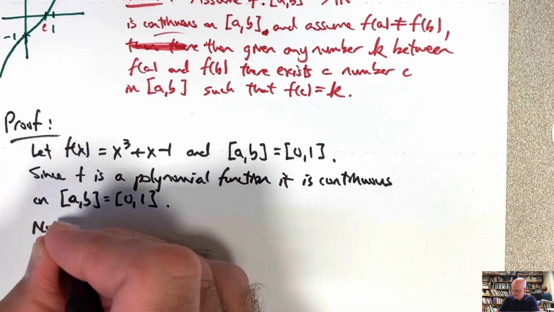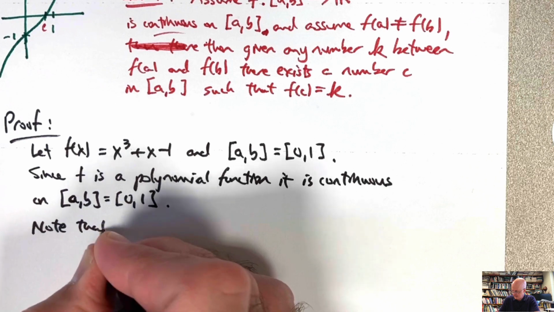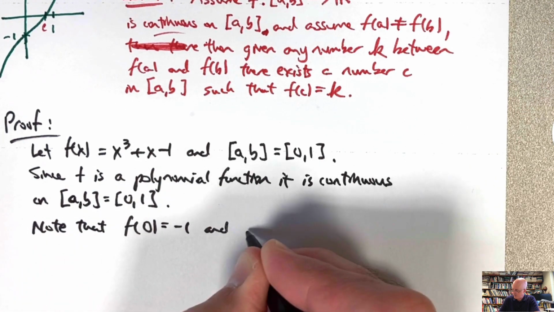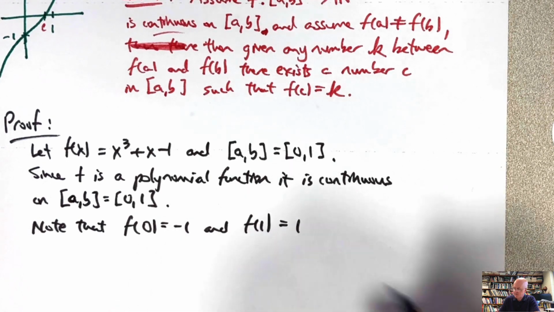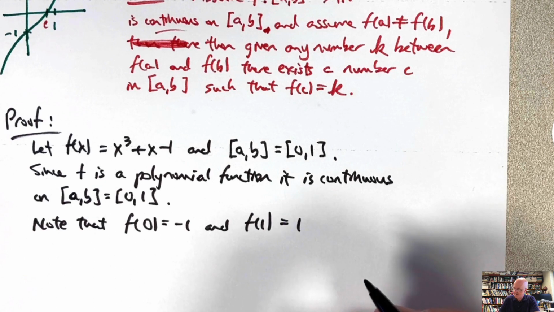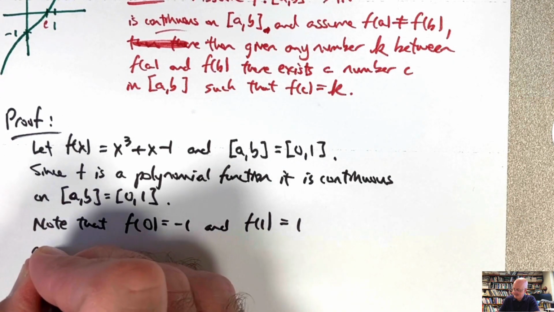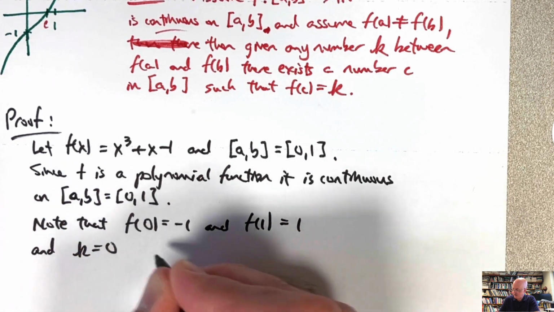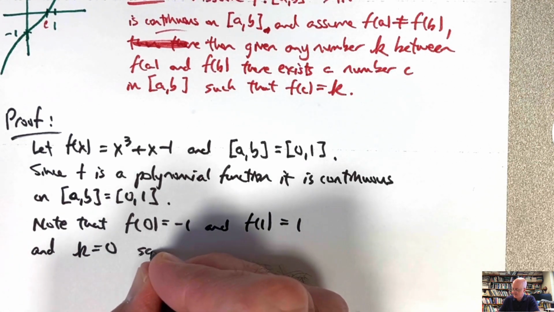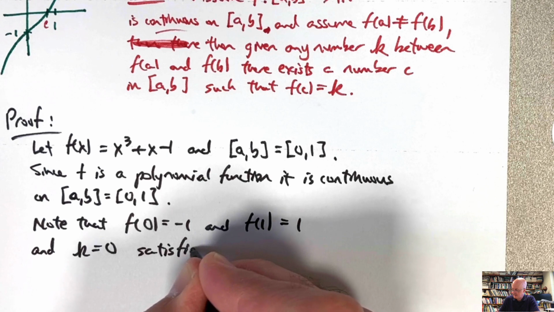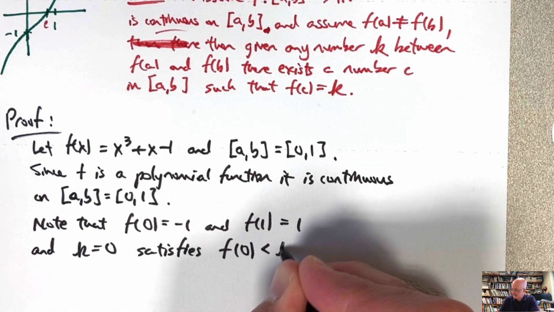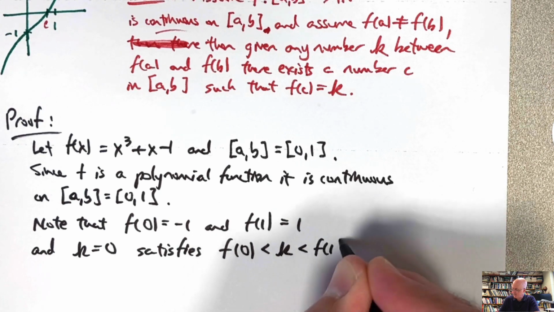Note that f of 0 is -1 and f of 1 is +1. Those are different. And k equals 0, if I want to emphasize that it's a k, I don't have to use the letter k, satisfies the condition that it's between these outputs: f of 0 is less than k is less than f of 1.